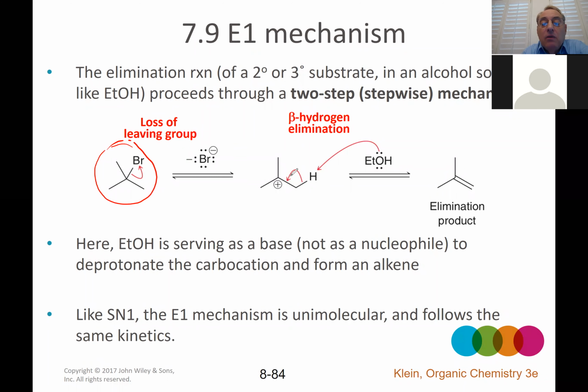And then the electrons here go between here to form a double bond. So that's the elimination product, and this is the E1 mechanism. E because you're getting an alkene, an elimination product, not a substitution. 1 because the slow step, the rate determining step, only involves one molecule.